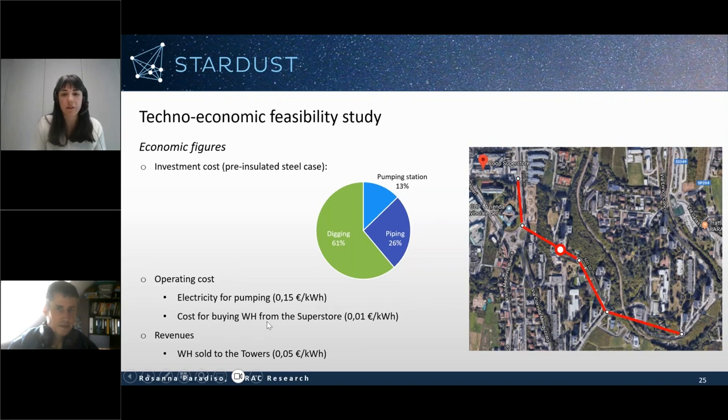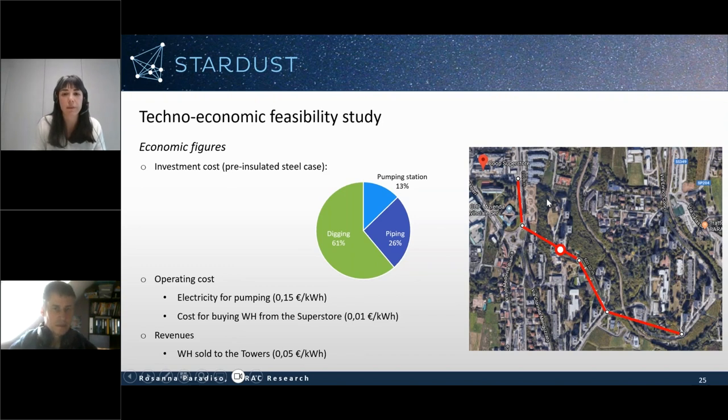And the other cost we have considered is the cost for buying waste heat from the superstore. Because, as I said, it is supposed that this system is owned by a third party that can be the municipality, a local energy facility, I don't know.